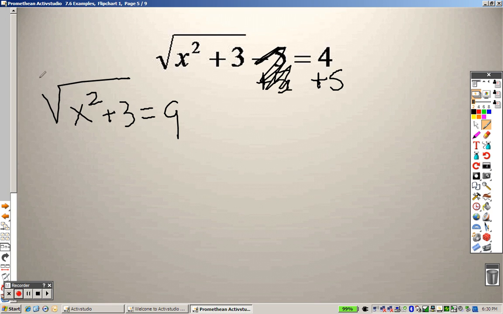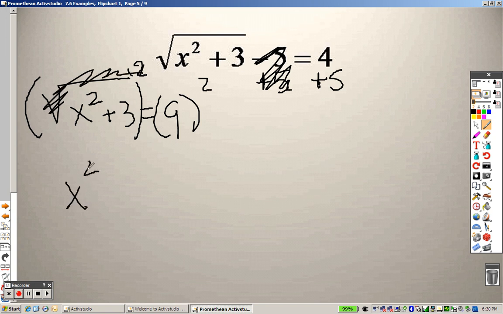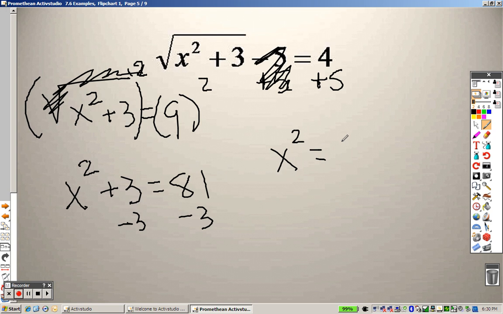Since that whole side is square rooted, let's square it. If I square both sides, these cancel out. So I now have x squared plus 3 equals 81. I subtract 3 on both sides to get x squared equals 78, and I square root both sides.